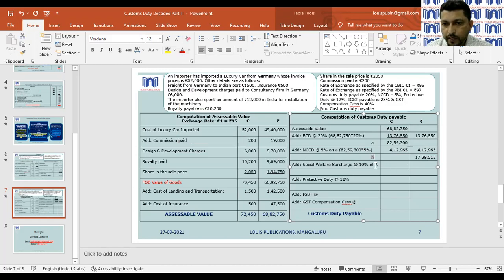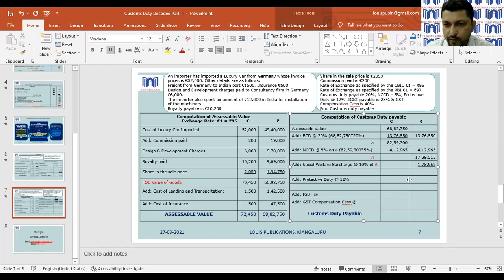So it is calculated on A value. 10% of 17,89,515 will be 1,78,951.5, so approximated to 1,78,952.